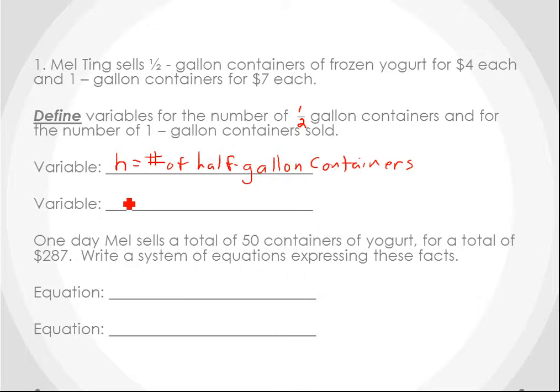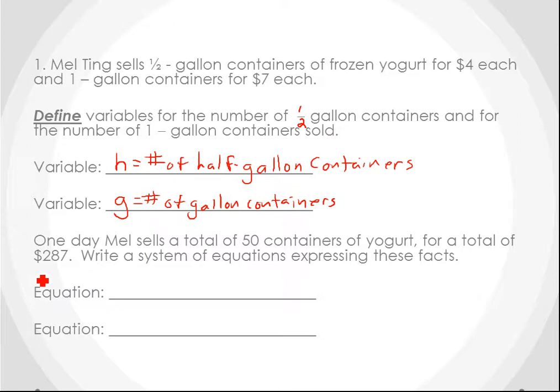And just for the fun of it, I'm going to pick G will equal the number of gallon containers. G will equal the number of gallon containers. All right. Well, just looking at that first part, there's nothing we can really do with it equation-wise because we don't have any totals.